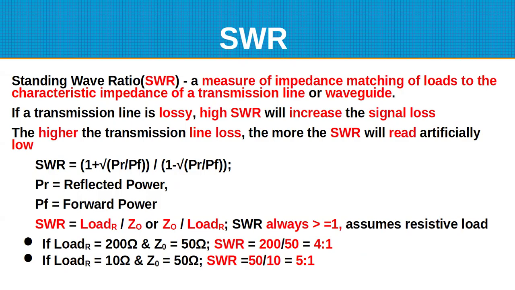And the higher the transmission line loss is, the SWR reading that you're going to see, whether it's on your radio or an external SWR power meter, is going to read lower than it really is.